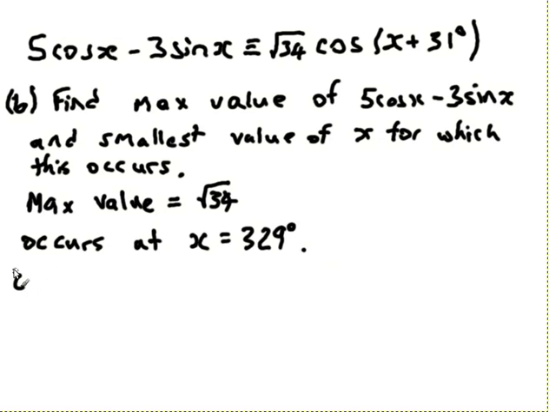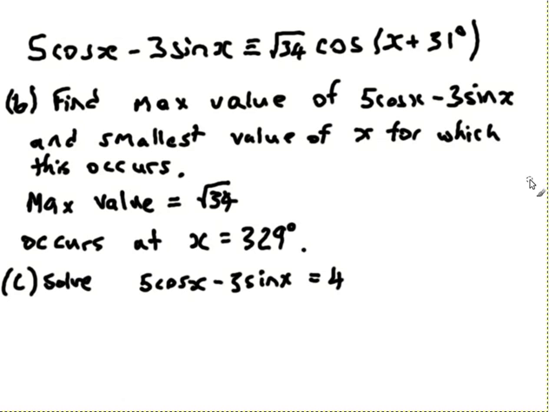Now, the other reason why this is convenient is to solve equations involving 5 cos x minus 3 sin x. Let's take a quick example. Let's solve 5 cos x minus 3 sin x equals 4 for 0 to 360.